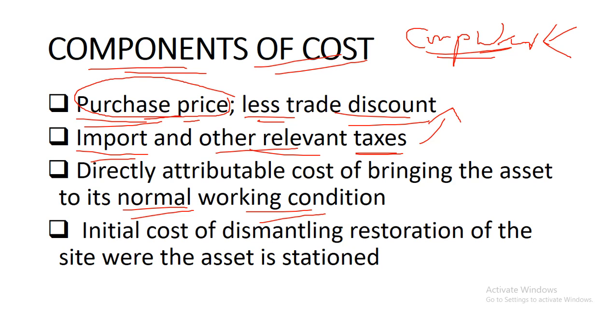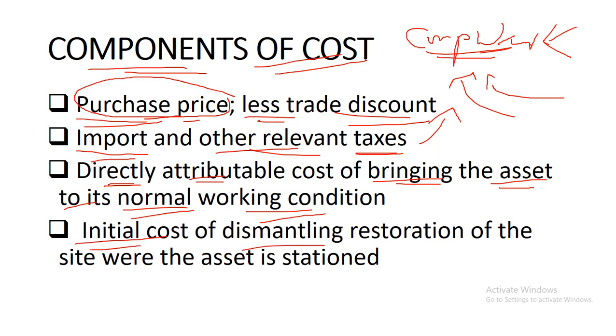The motivation is you need to bring it to a working condition so that it can serve its purpose, which is earning money for the business, if you're using the laptop for a business. So that expenditure on installing the operating system is what we call directly attributed costs of bringing the asset to its normal working condition.